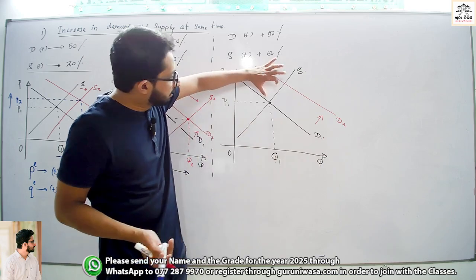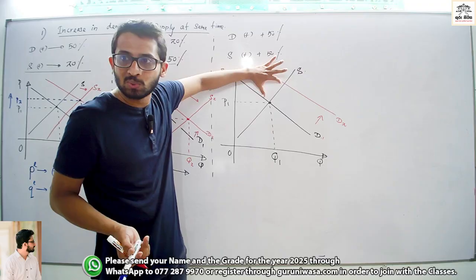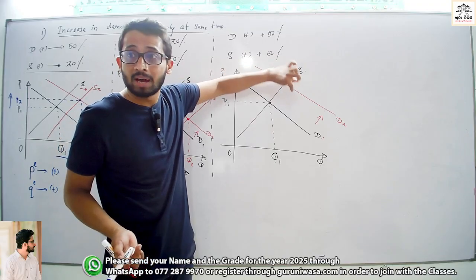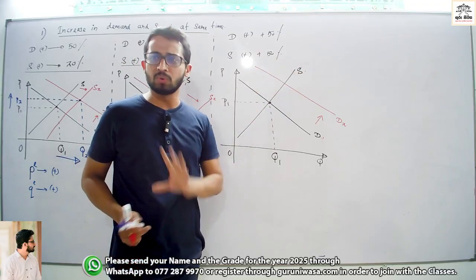Okay, Lamai. If you use 3 centimeters or 2 centimeters, you have to shift your supply curve to the right side by the same 3 centimeters. Use your ruler, Lamai.